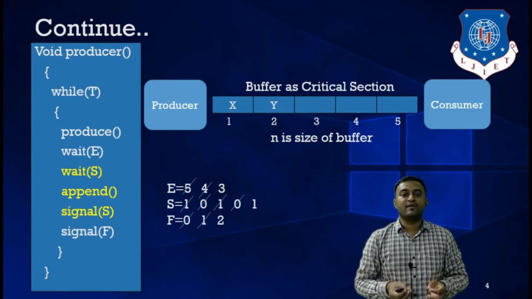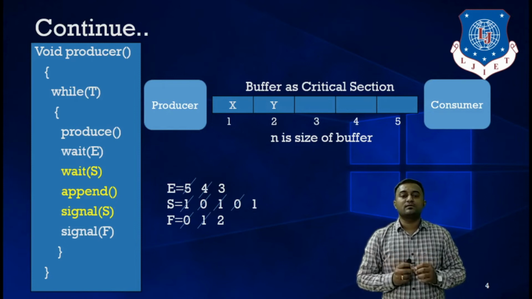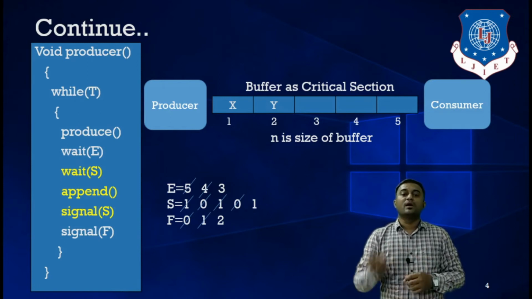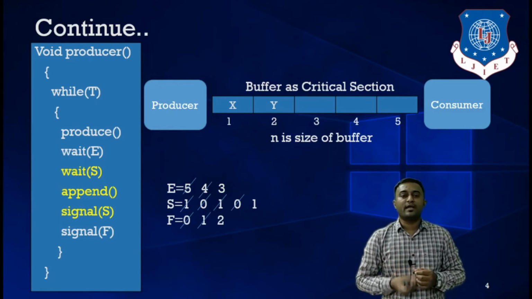That is the reason we executed signal on S. The value of S becomes 1 again, so that other processes can do their task.